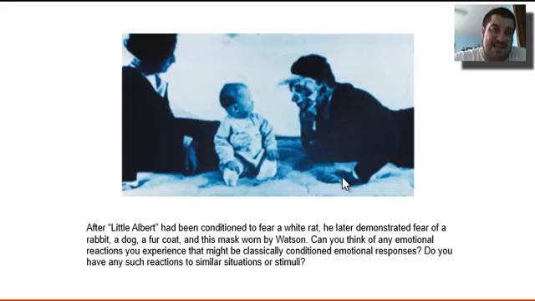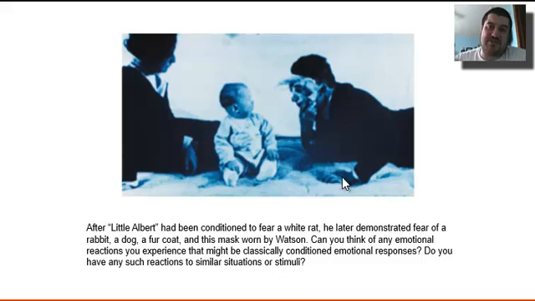The rat then is paired with the loud sound, pretty soon to where you put the rat in front of Albert and he screams and cries alone. So the neutral stimulus, the rat, becomes the conditioned stimulus, which causes the conditioned response, fear, crying, anxiety, because he thinks the sound is going to come.